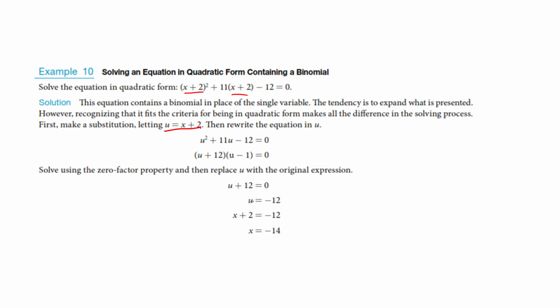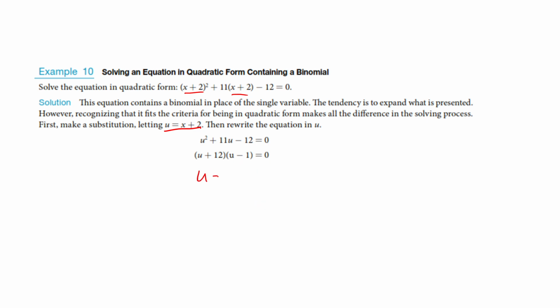They did this a little differently, but I'm going to get u is negative 12 or u is 1. But I'm not interested in u. I want x. Now, we know u is x plus 2, so let's replace it with x plus 2 in both of these, and we solve it. We get this.